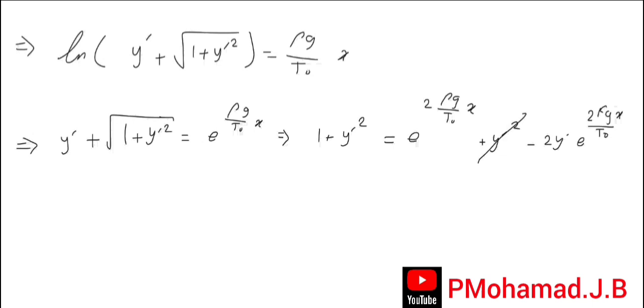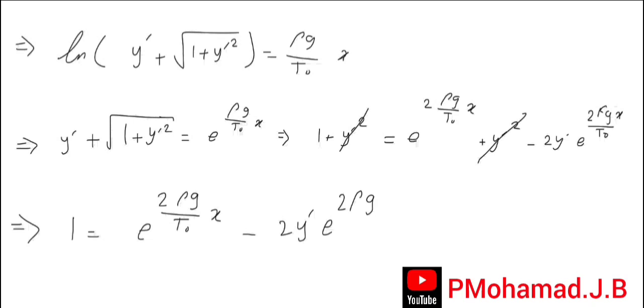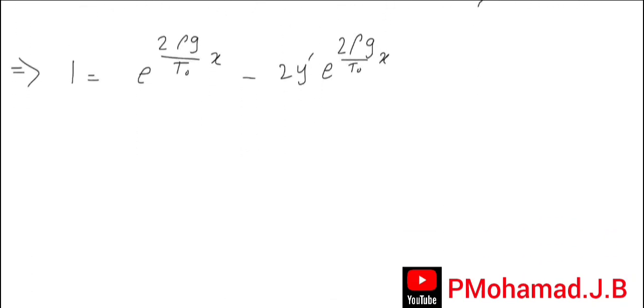And these y prime squared fortunately cancel each other, and it is getting simpler. 1 is equal to e to the power of 2 rho g divided by t0 x minus 2y prime e to the power of rho g divided by t0 x, and we are reaching the final answer.